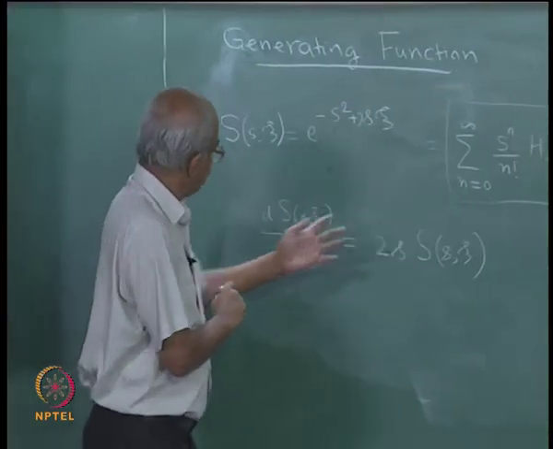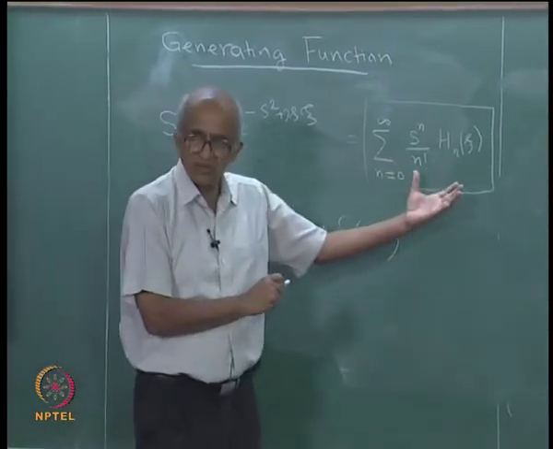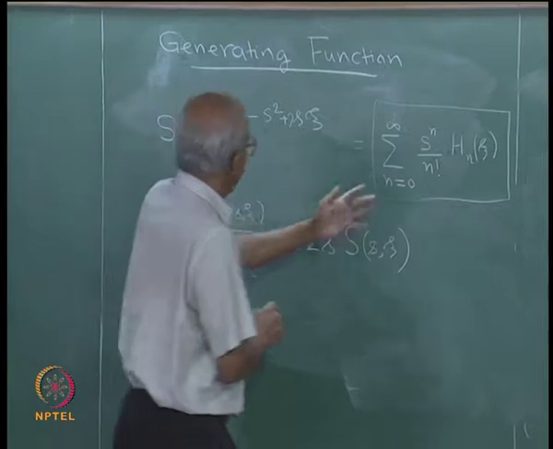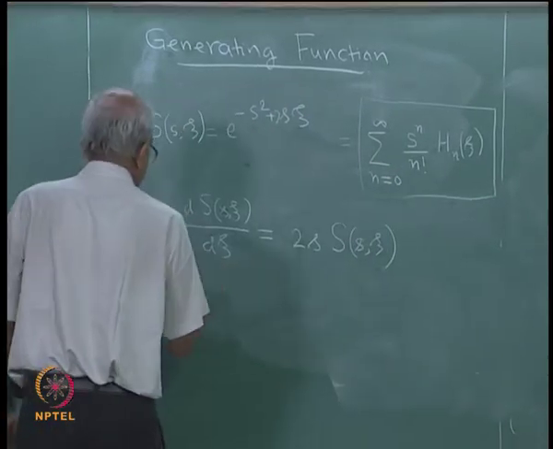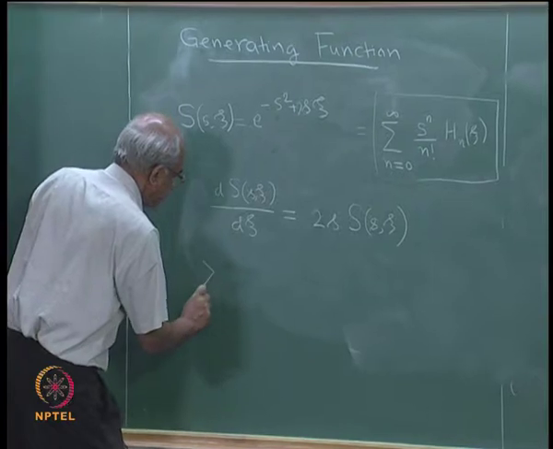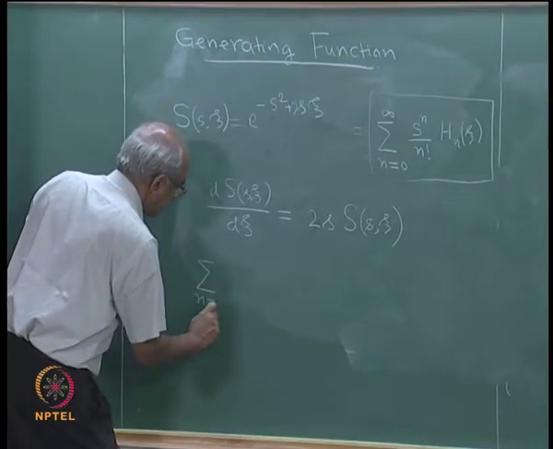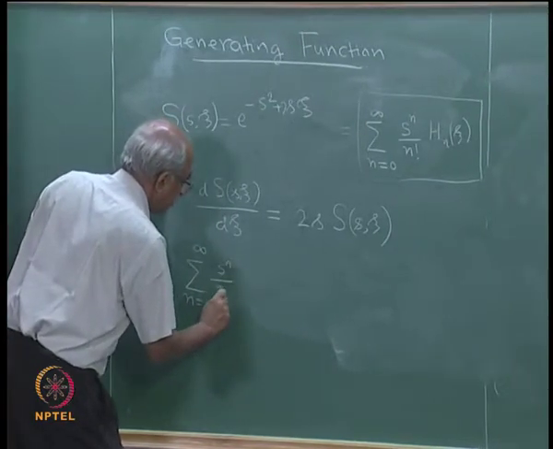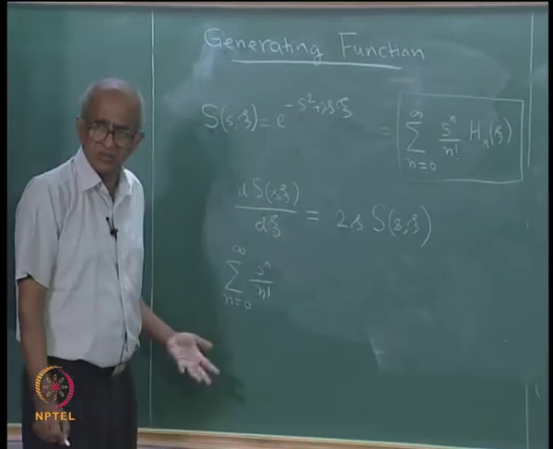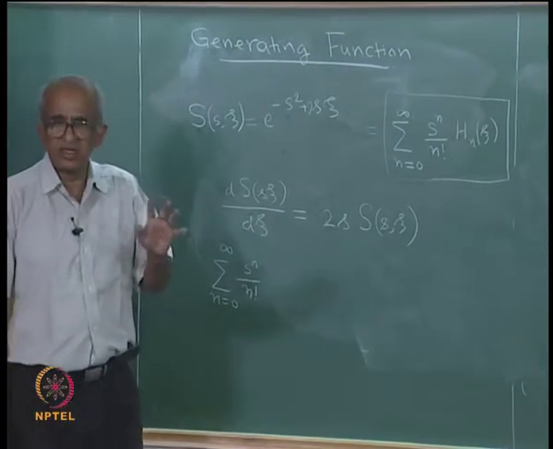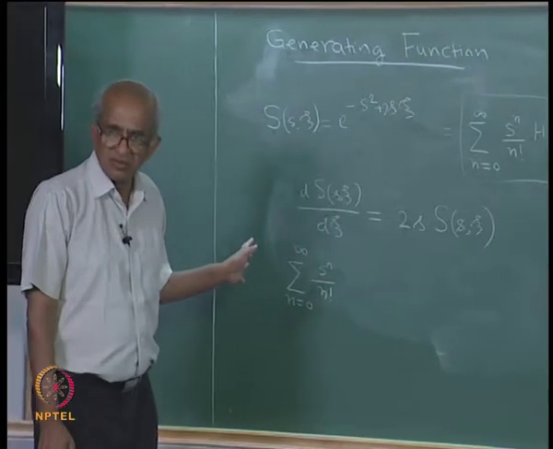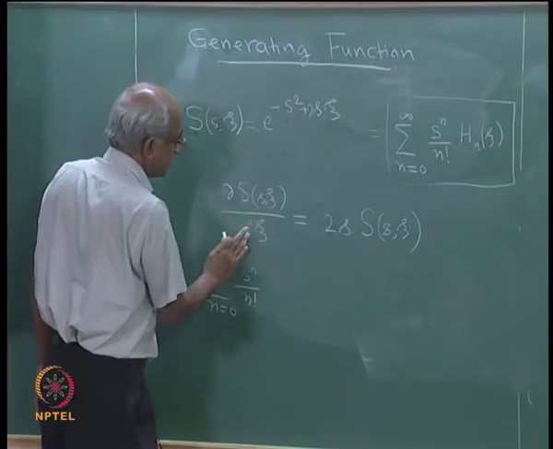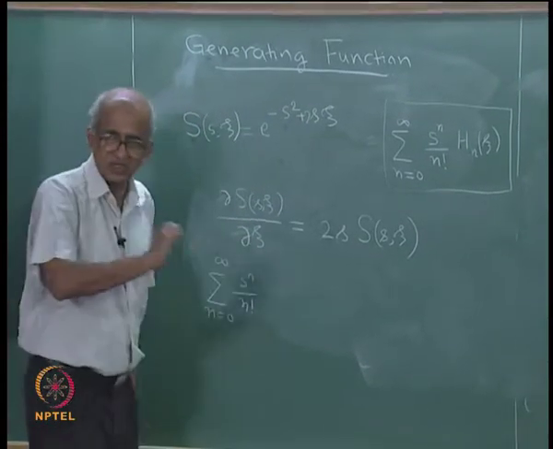So, therefore, I can evaluate the left hand side using that expression, right. If you evaluate the left hand side using that expression, you are going to have the sum over n going from 0 to infinity of s to the power of n divided by n factorial. You are differentiating with respect to c, you are not doing anything with respect to s, so maybe I should change this to partial differentiation notation, that is better, so that there is no chance of any confusion.